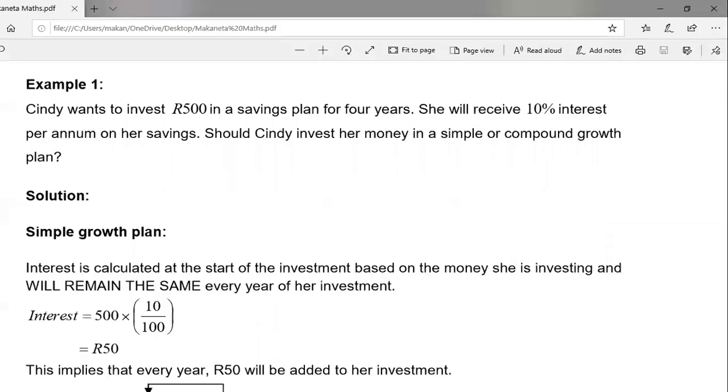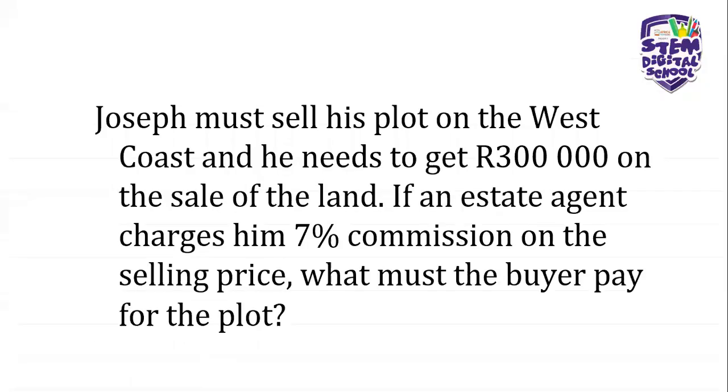Now, I'm just going to go to the example of this West Coast plot where the owner needs to sell the plot. And of course, this plot costs 300,000 rands. And of course, there's a percentage of commission which also needs to be charged on the selling price.